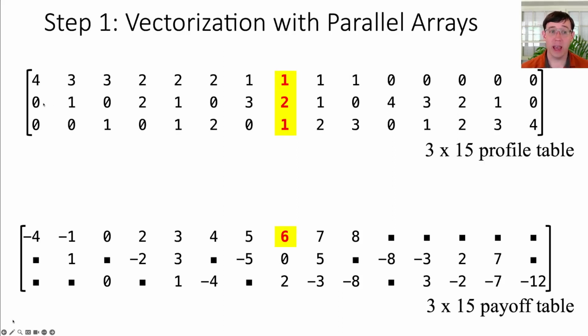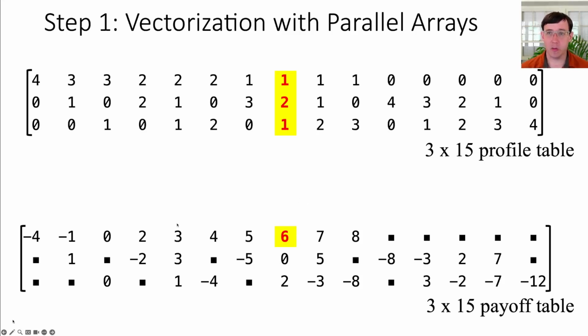So now we have an array containing all of the profiles and another array containing all of the payoffs, and any given column in the first array corresponds to a profile vector, while the column at the same index in the second array gives the payoffs for that profile. And in some programming languages, this switch can already be a big help because it lets us vectorize many of the computations.